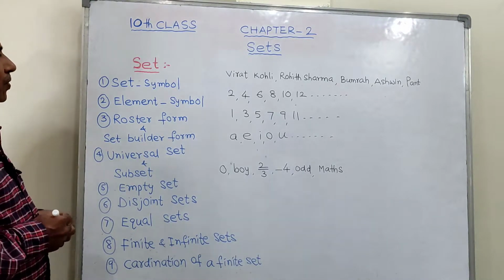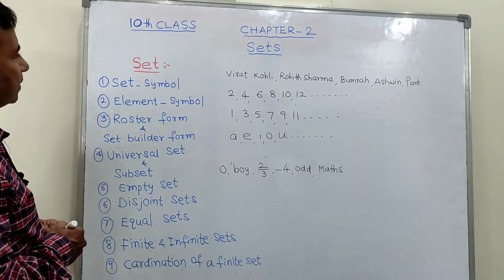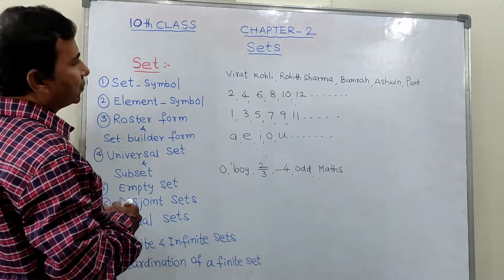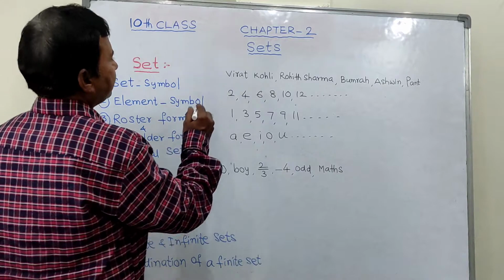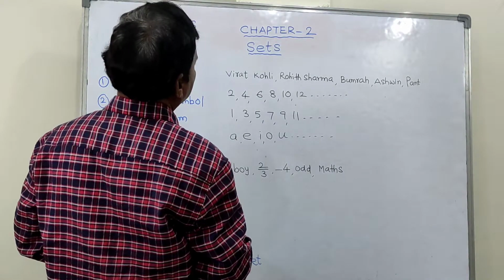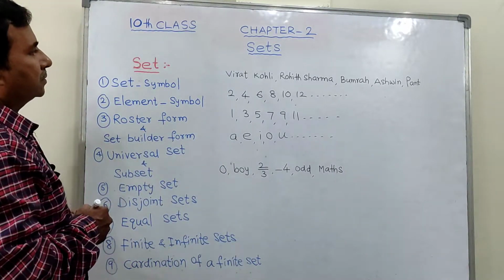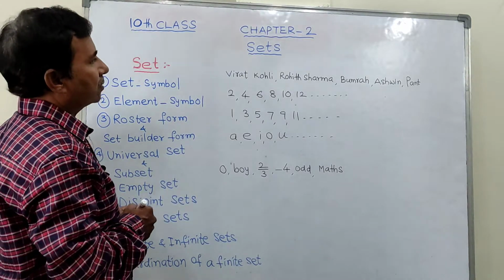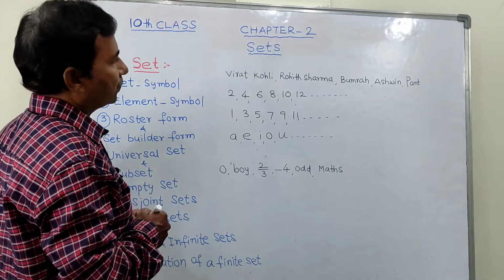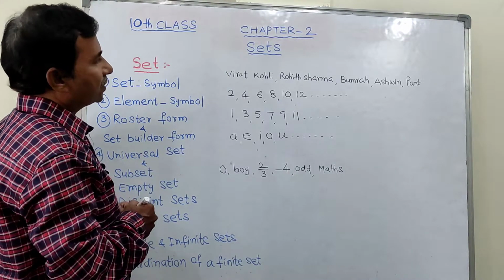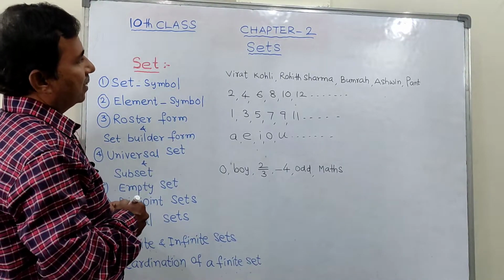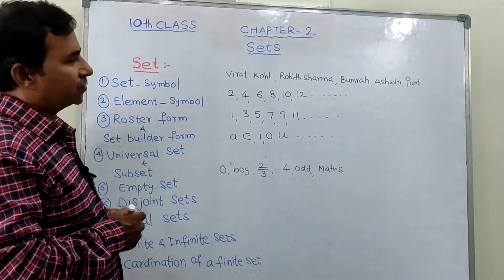Before going to the definition of the set, let us observe some collections here. First one: Virat Kohli, Rohit Sharma, Bumrah, Ashwin, Pant. Directly you will say that these are the Indian cricketers.